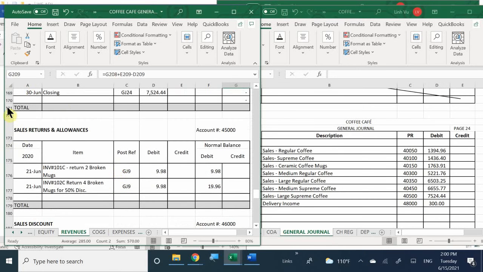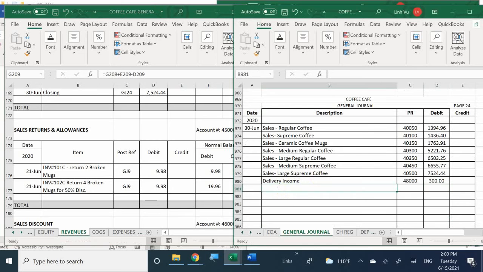So in this case, now our first credit that we're going to see is our sales returns and allowances. So sales returns and allowances is going to be our first credit here. Okay. And that's account number 500. Or I guess 45,000.